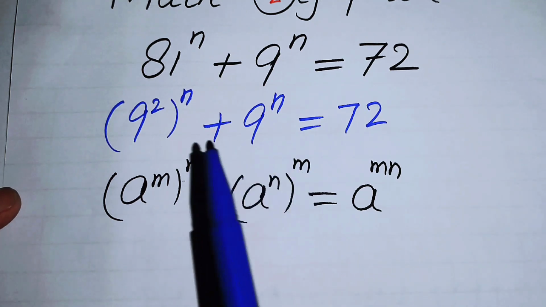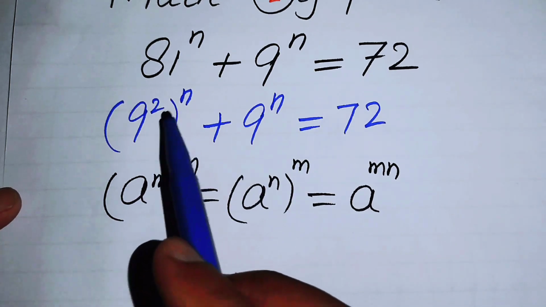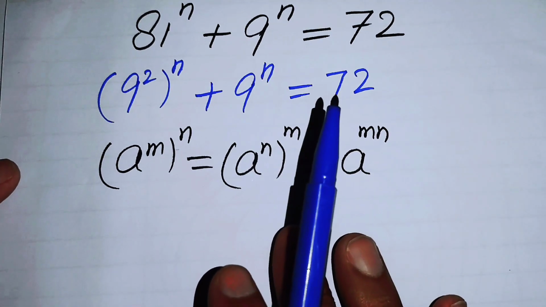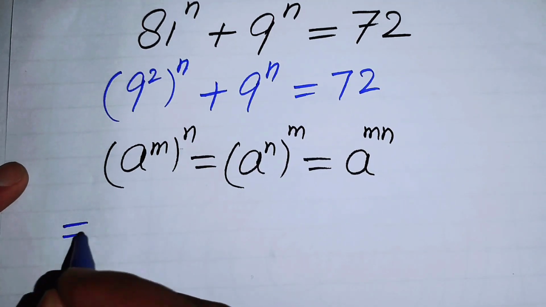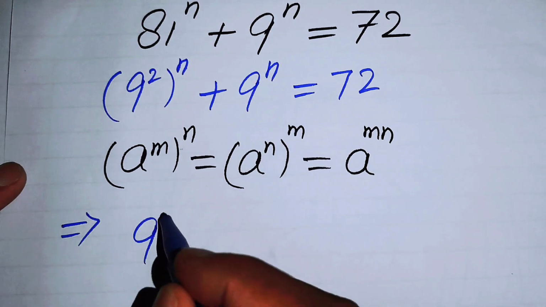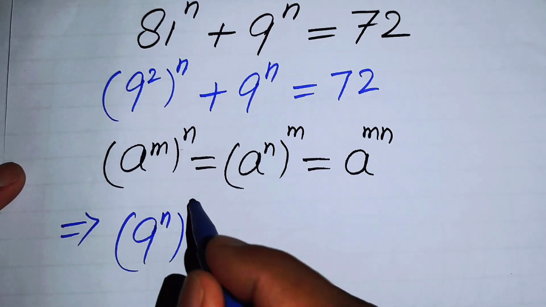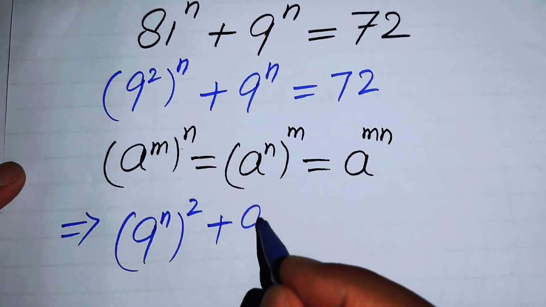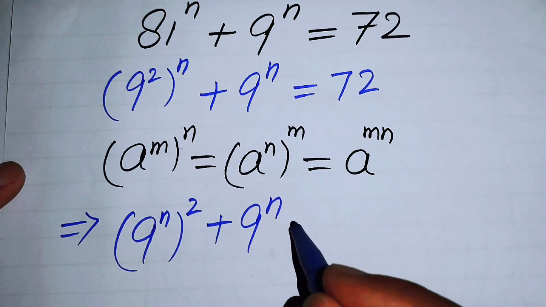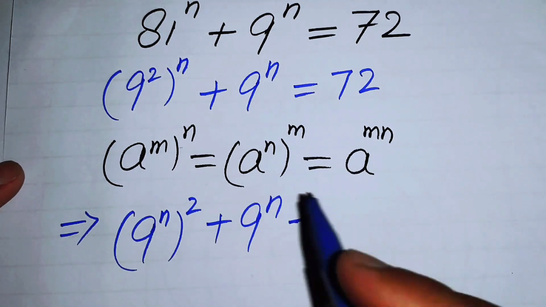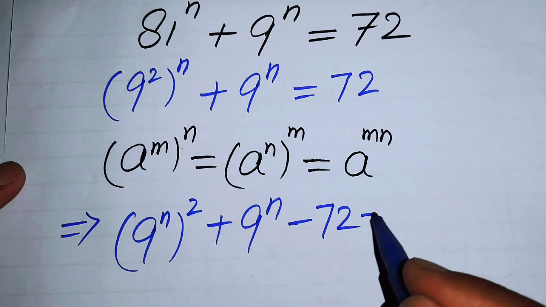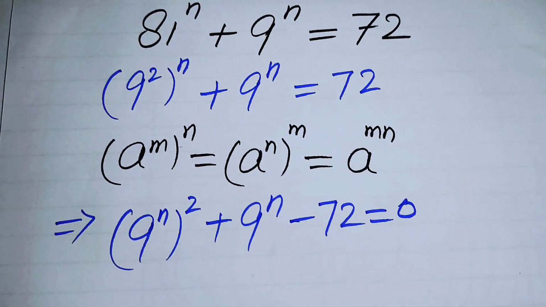We get 9 to the power of n, all squared, plus 9 to the power of n, and we move the 72 to the left hand side and get minus 72 is equal to 0.